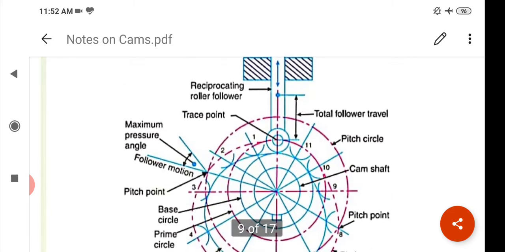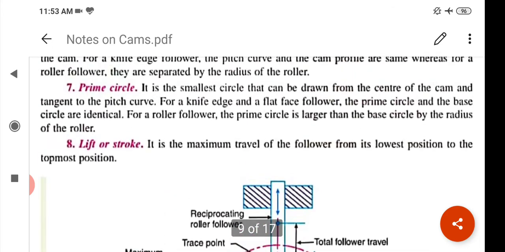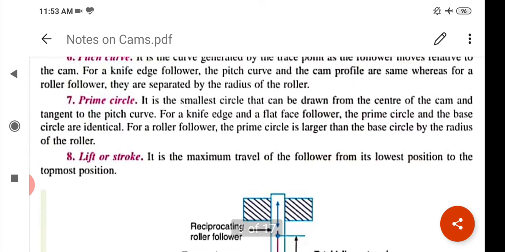For the roller follower, your prime circle is slightly greater than your base circle, whereas for a knife edge follower, your base circle and the prime circle will coincide. Do you agree with this? Here he has mentioned this note. For a knife edge and a flat face follower, the prime circle and the base circle are identical. For a roller follower, the prime circle is larger than the base circle by the radius of the roller.